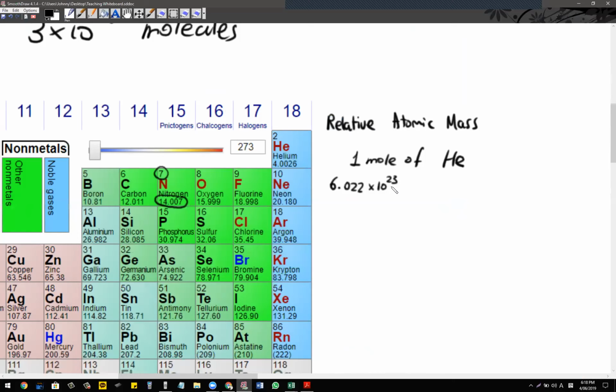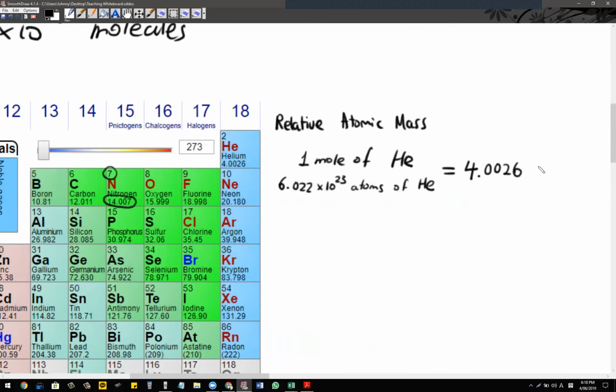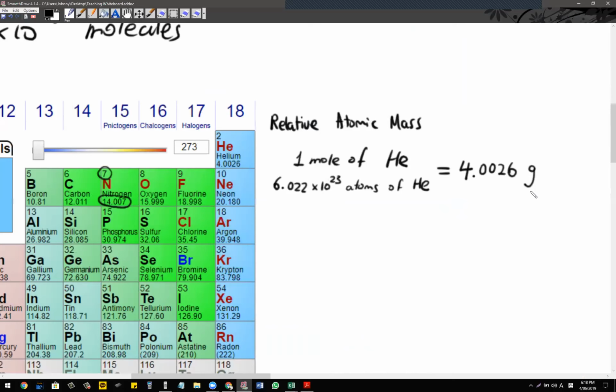So why is this number special? If I have that many atoms of helium, this will weigh exactly 4.0026 grams. You guys know what a gram is, right? Yeah. 1,000 grams is 1 kilogram.